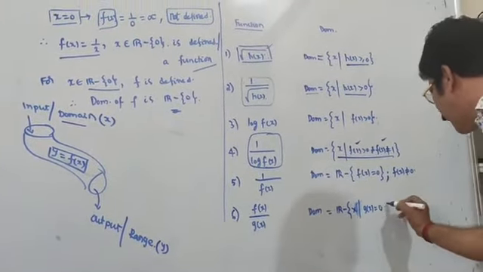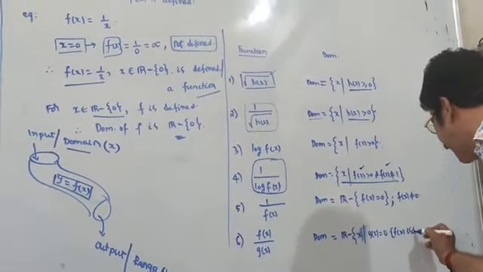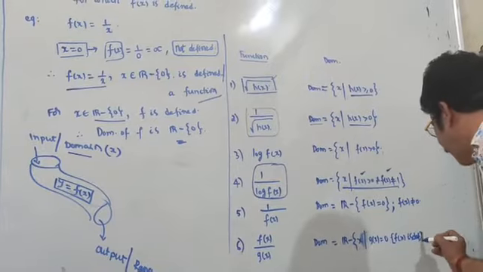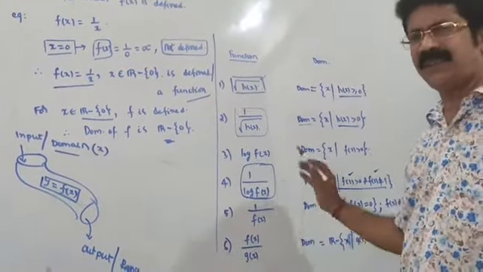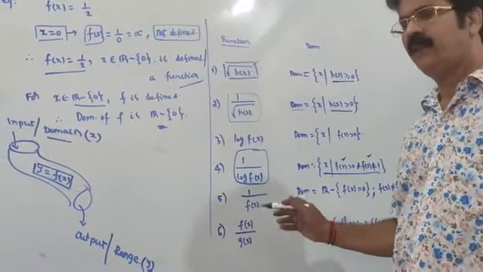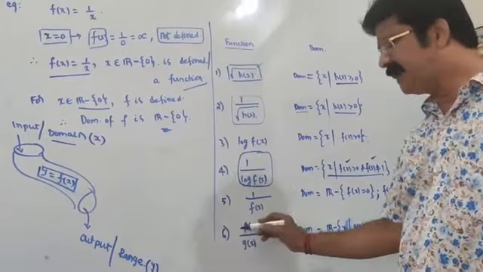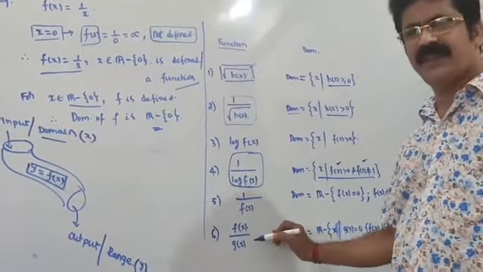And within brackets, f of x is defined. When f of x is defined, if f of x is another logarithmic function and or exponential function, etc., we can take the common solution for the domain of f of x and g of x.